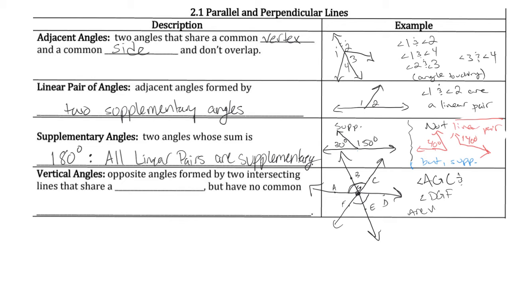Sorry about that. And they are vertical angles because they share the same vertex, which is G, and they have no common sides. We know they are congruent because they are vertical angles.